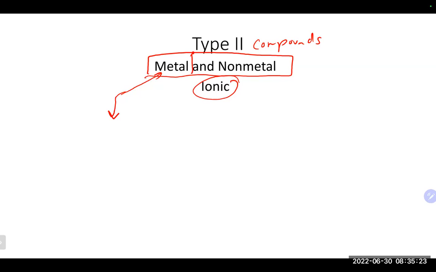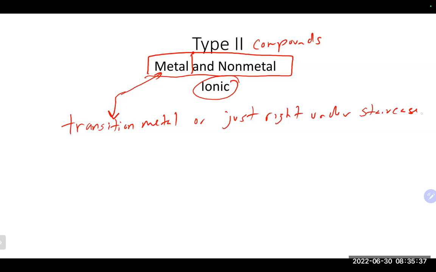This metal will be a transition metal, or those just to the right of it under the staircase, things like lead, tin, antimony, and bismuth in that area.